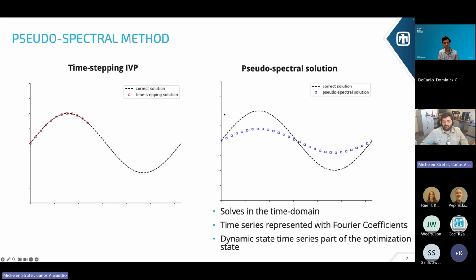In the pseudospectral method, because it's an optimization tool, we frame the problem as an optimization problem where we're trying to maximize the power production. And then the dynamics at the different time steps, which we can think of as position or velocity, are left as free variables to be optimized.